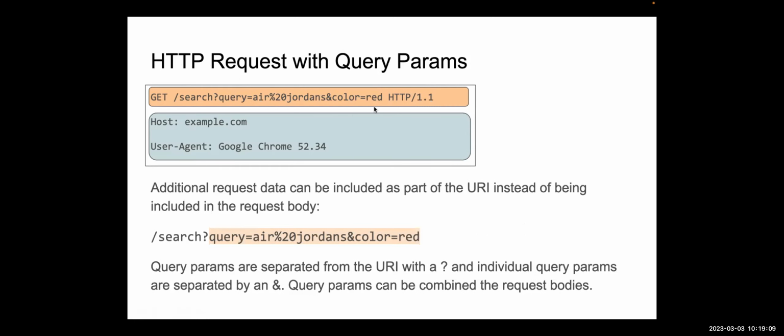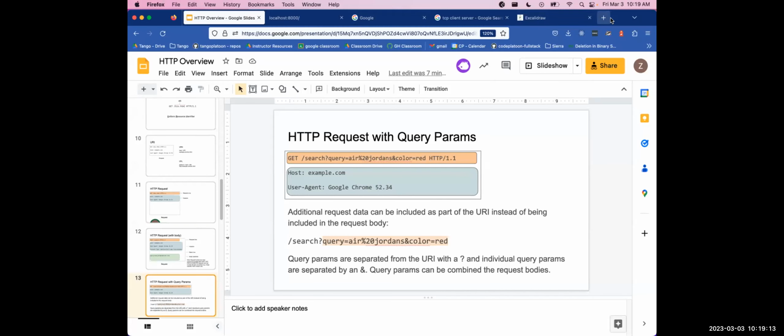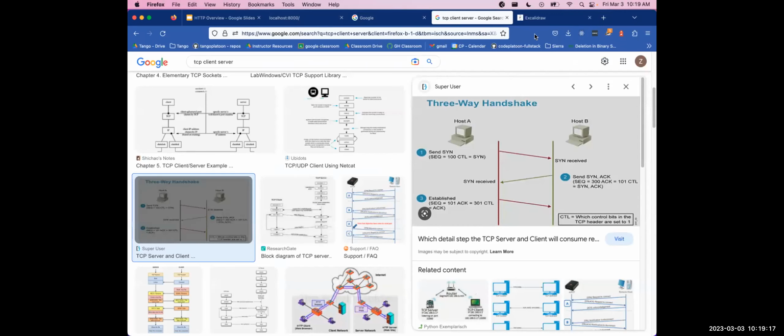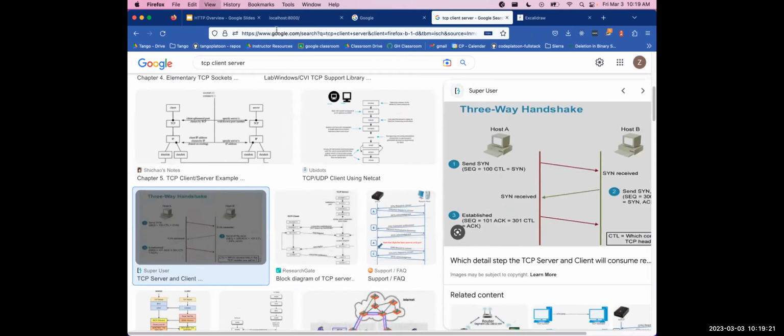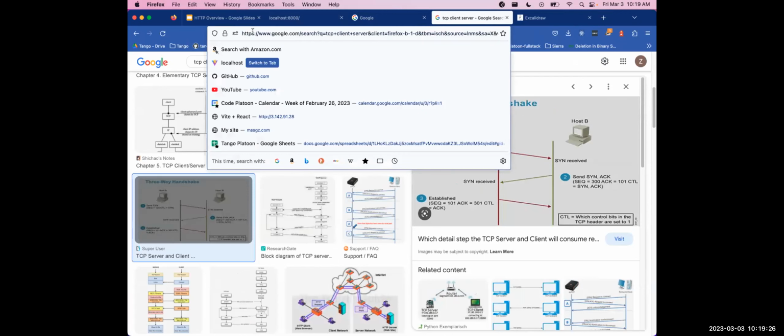Okay. Yeah, so query parameters. So if we look at a website, let me exit out of this. Let me see, this is perfect, okay. So if we look at this address bar, I can't make it bigger, okay. We see that it's using HTTPS as its protocol.